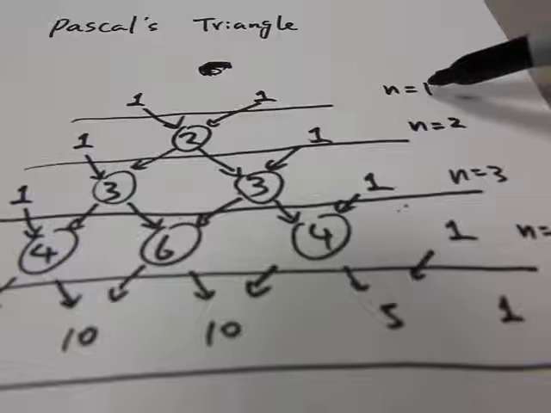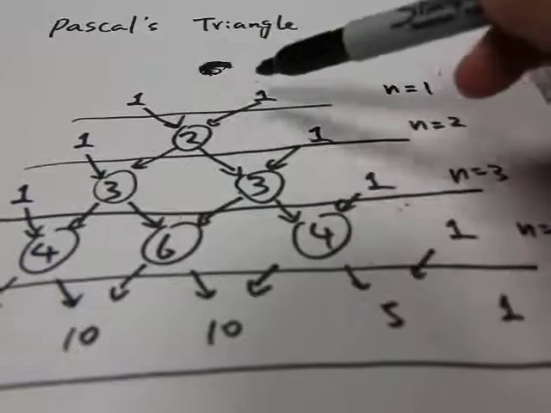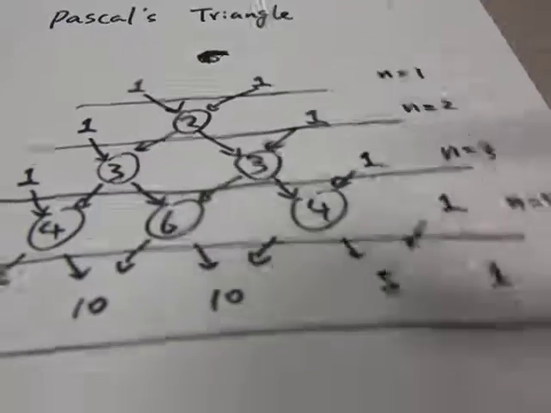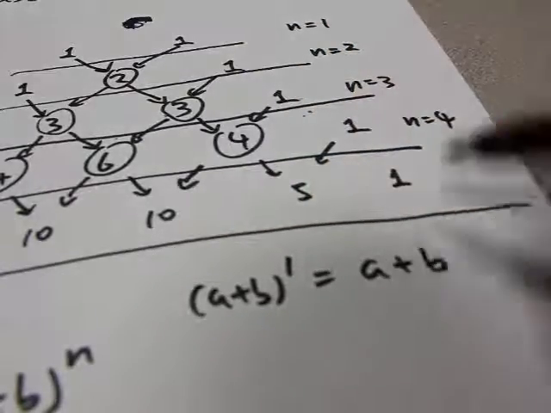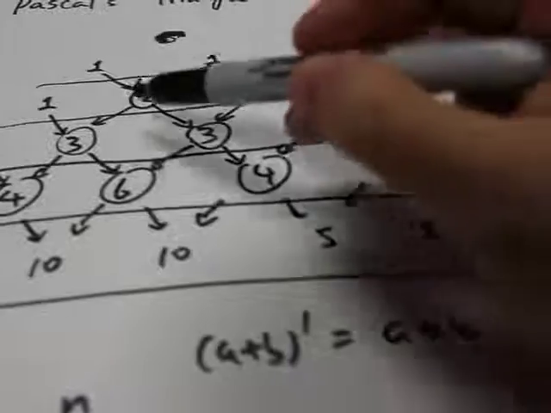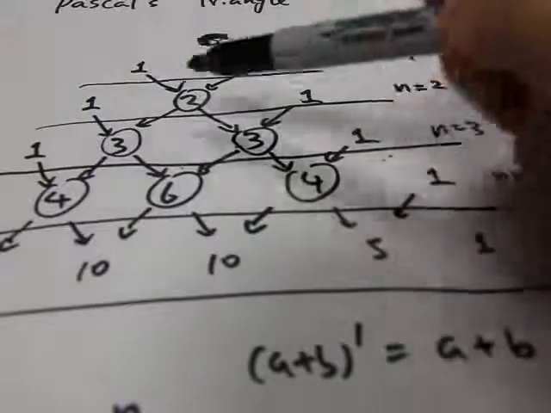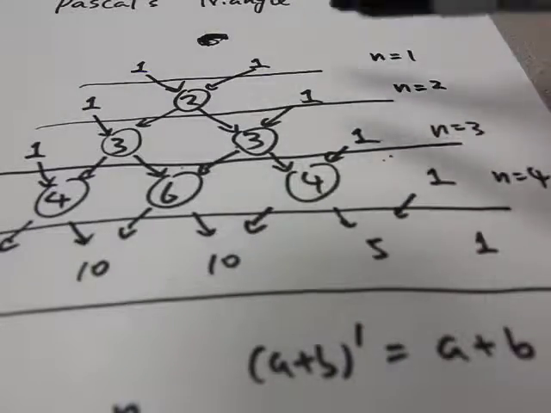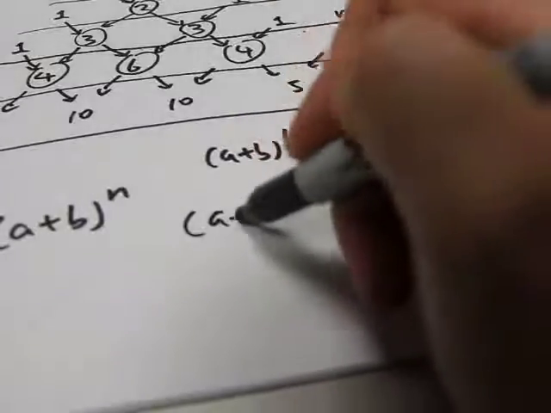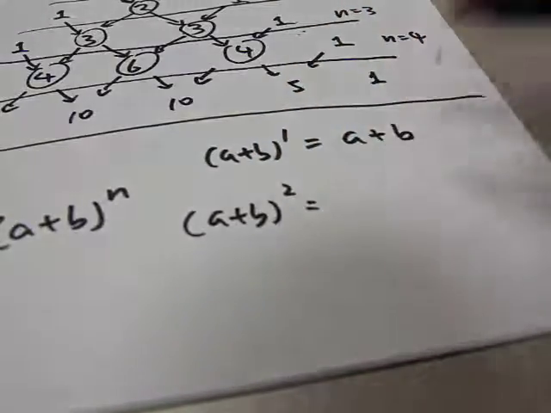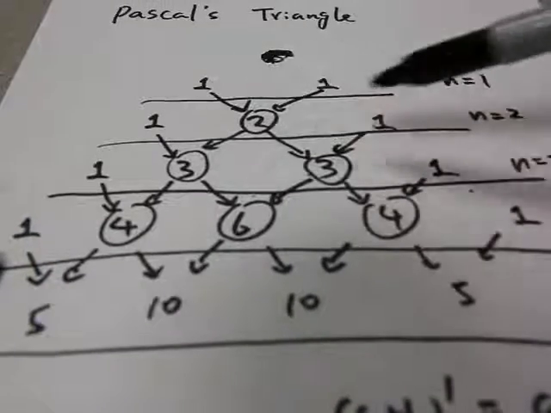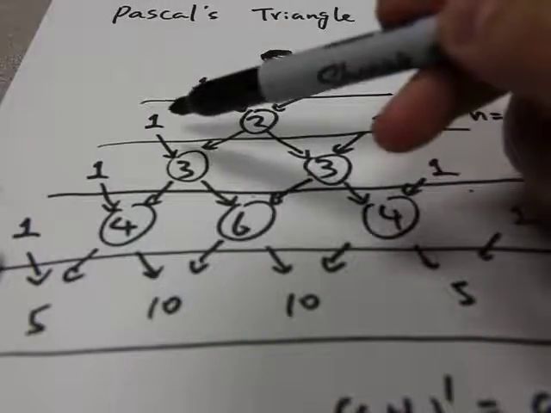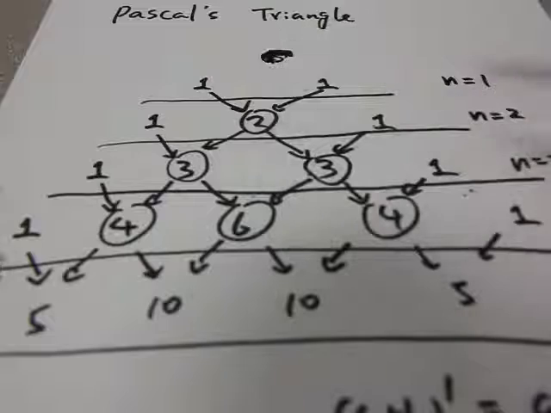So when n equals 1, since there are two numbers, there are only 2 terms, right? And when n equals 2, in the second row there are 3 numbers, so we should have 3 terms. Okay, 3 terms. And each number corresponds to the coefficient of each term.